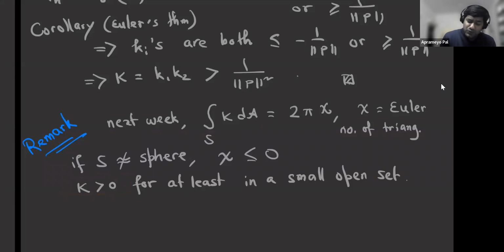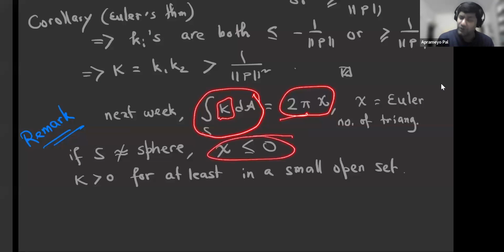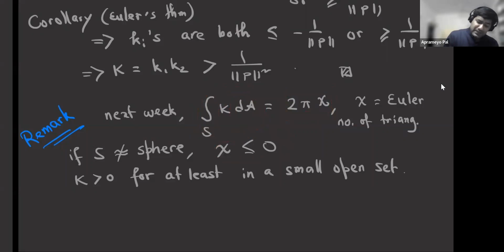Now, if you have a surface such that the Euler number is negative, then you cannot have K positive at every point, because then the whole integration would also be positive, but this is non-negative. So this gives you that there also exists a point at which K is negative.